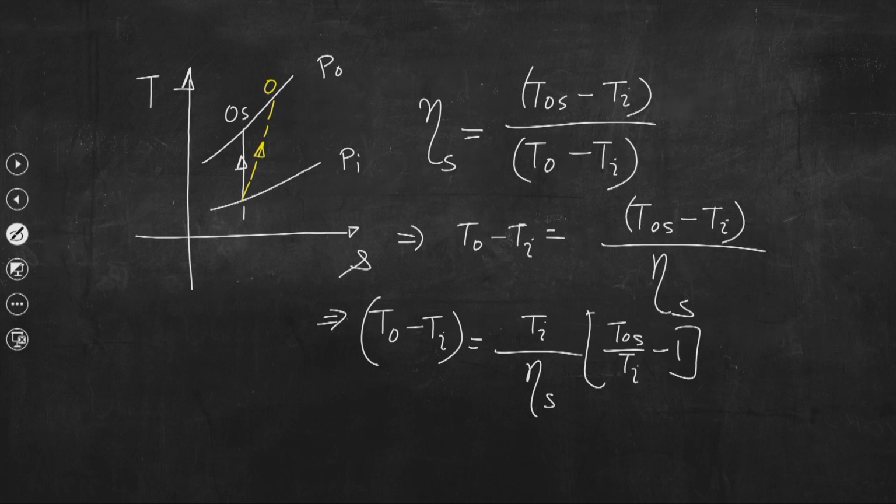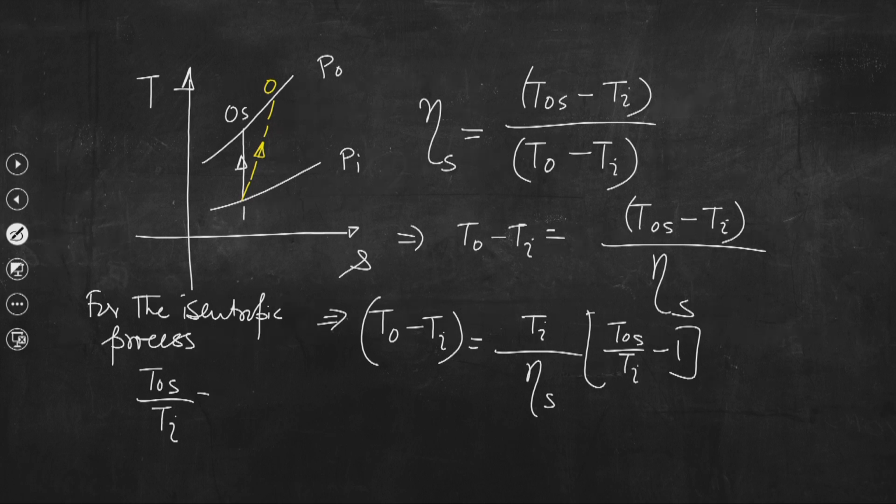So, for this reversible adiabatic process, the isentropic process, we can write TOS by Ti equal to PO by Pi power gamma minus 1 upon gamma.